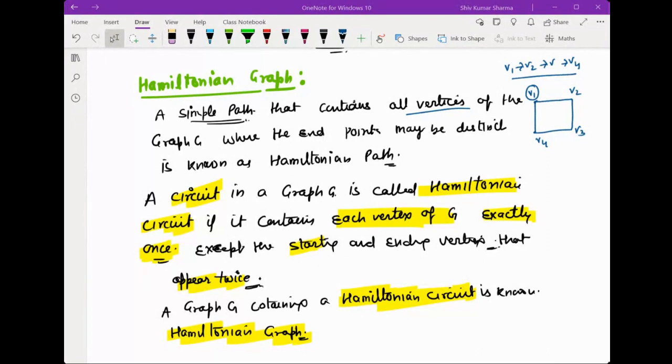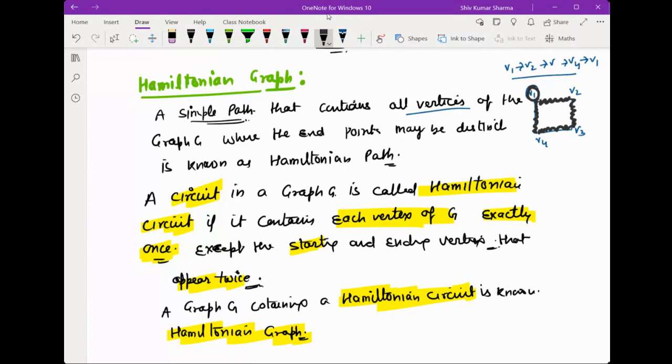So we talk about this example. Is this an example of a Hamiltonian graph or not? Yes, definitely, this is an example of a Hamiltonian graph. It returns back to V1, that means this constructs a Hamiltonian circuit. We start our visiting from vertex V1, visit all the vertices exactly once and return back to it.